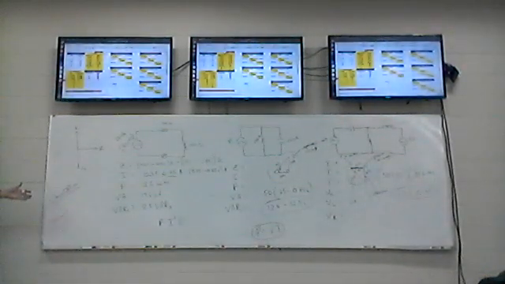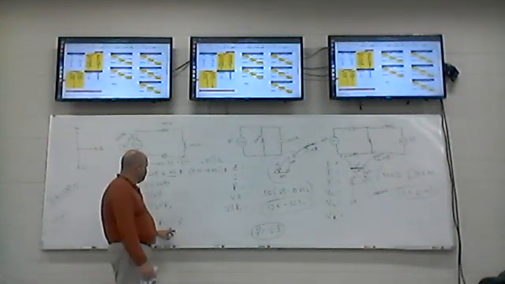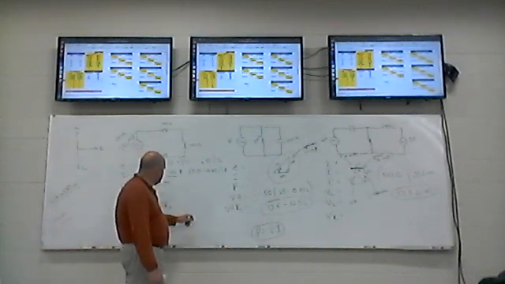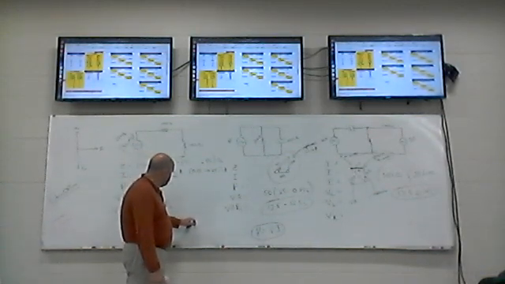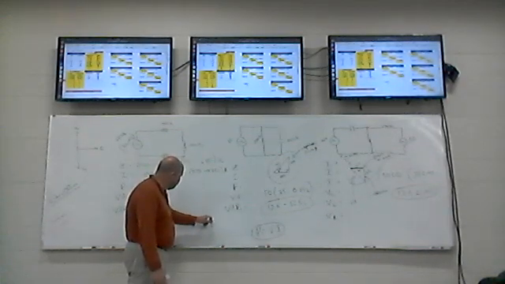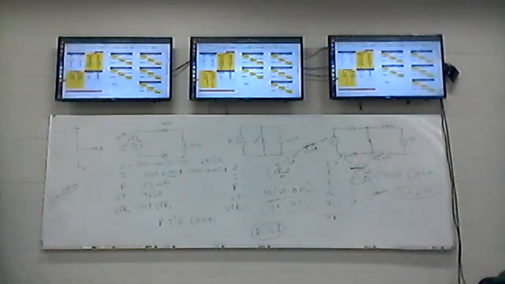We've got to use the complex conjugate. Remember how to get the complex conjugate. So my I is 0.35 angle minus 45. I need to multiply that times its complex conjugate, which is what?